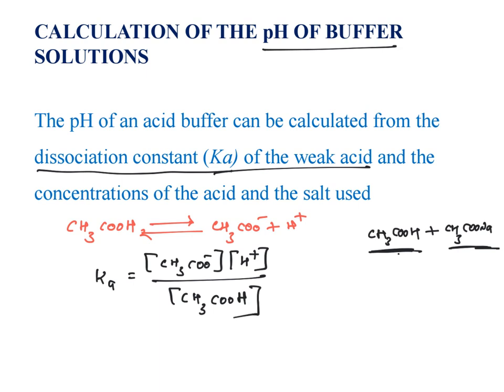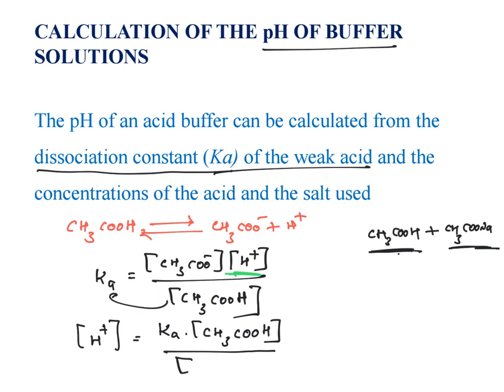So we have to write the pH expression. For that we need the H plus concentration. Now I am rearranging this equation in terms of H plus concentration, which equals Ka times the concentration of acetic acid by the concentration of acetate.